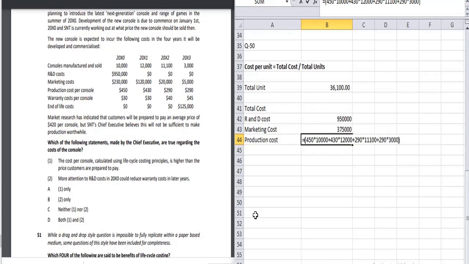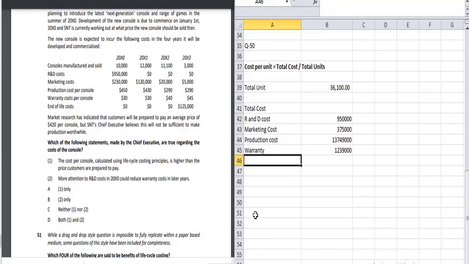This is our total production cost throughout the life cycle. Warranty. Okay, warranty cost is also per unit wise, so we have to multiply it with the respective unit, so 30 into 12,000, then after that 40 into 11,100, then 45 into 3,000. This is warranty.